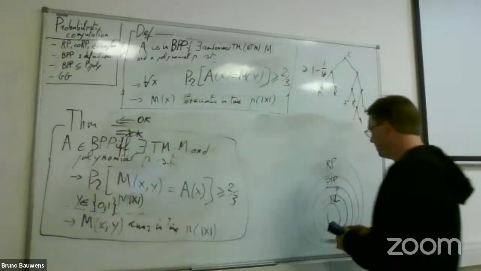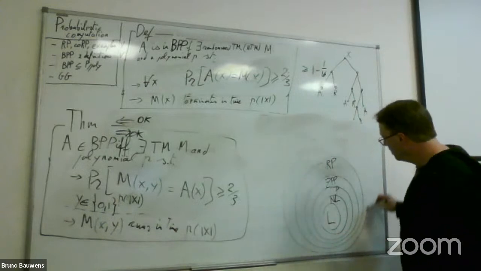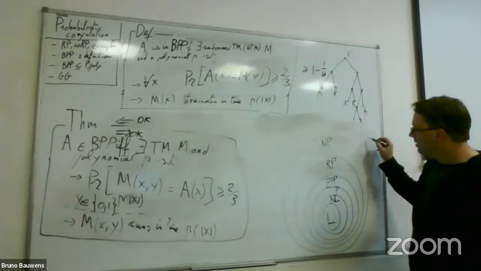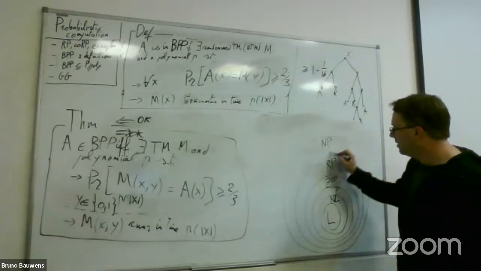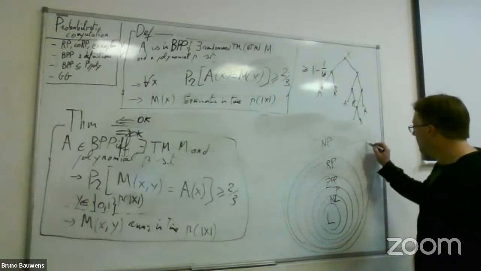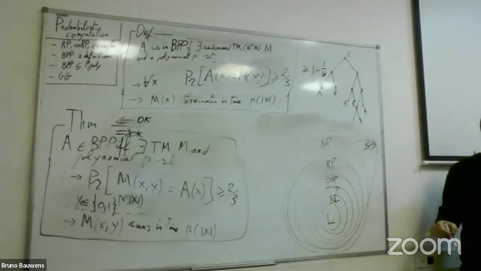So now we have proved the equality of the two definitions. What we want next is to prove that BPP is a subset of the next class. Here we have a little annoying thing, because BPP might not be inside NP as far as we know.